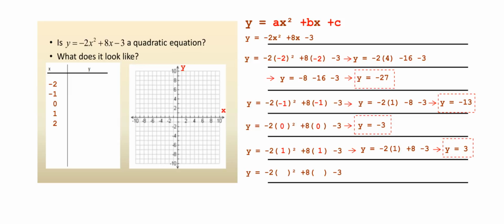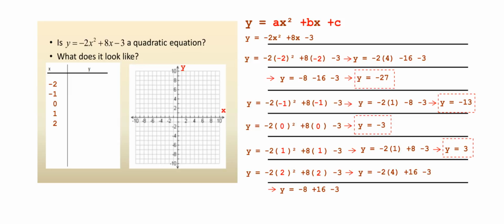So let's fit in our next x value that we picked, 2. There we go. In this case, we're going to go with 2 squared. 2 times 2 is 4. 8 times 2, 16. So negative 2 times 4 will give us negative 8.